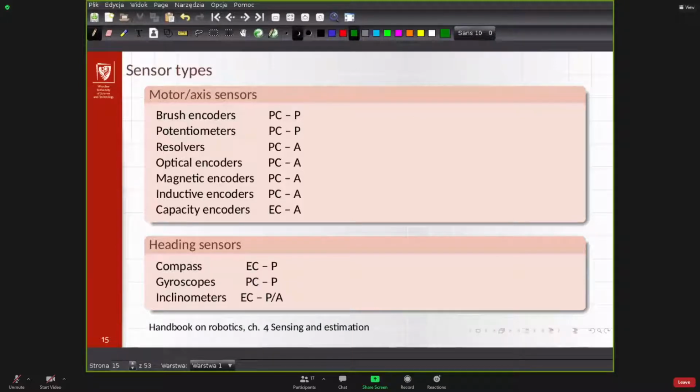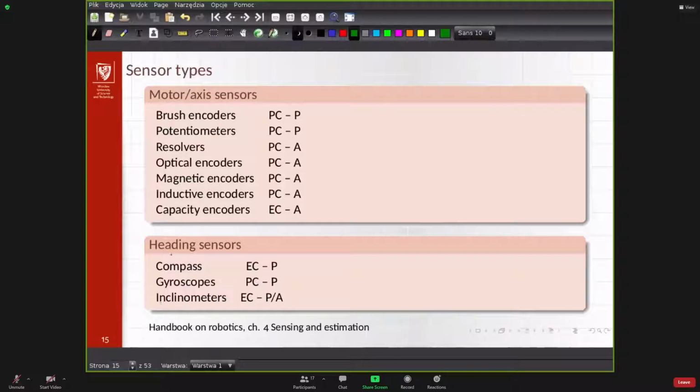We can have encoders of different types: brush encoders, optical, magnetic, inductive, capacitive. We can have potentiometers or resolvers that can also give information about the position and sometimes velocity of either a motor or a rotating axis.